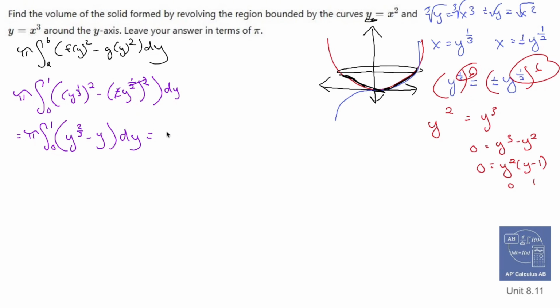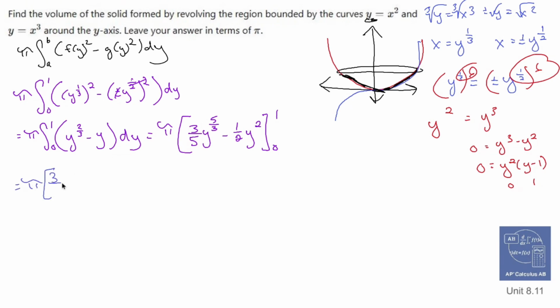That becomes pi times 3/5 y to the 5/3, just reciprocal stuff, minus 1/2 y squared with limits from 0 to 1. Okay, pi still lives there.